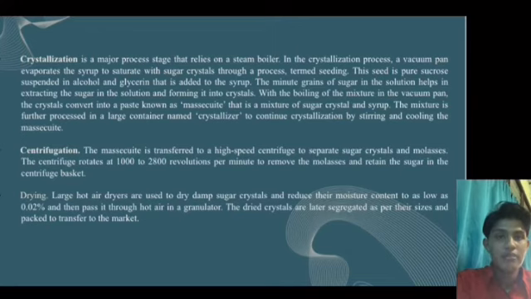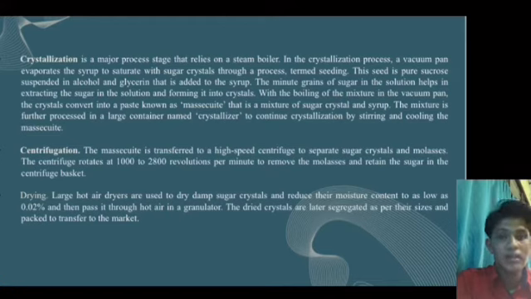Crystallization is a major process stage that relies on the steam boiler. In the crystallization process, a vacuum pan evaporates the syrup to saturation with sugar crystals through a process termed seeding. This seed is pure sucrose suspended in alcohol and glycerin that is added to the syrup.